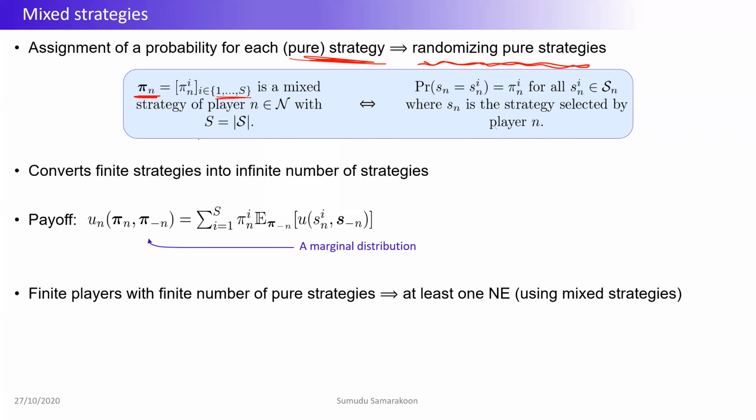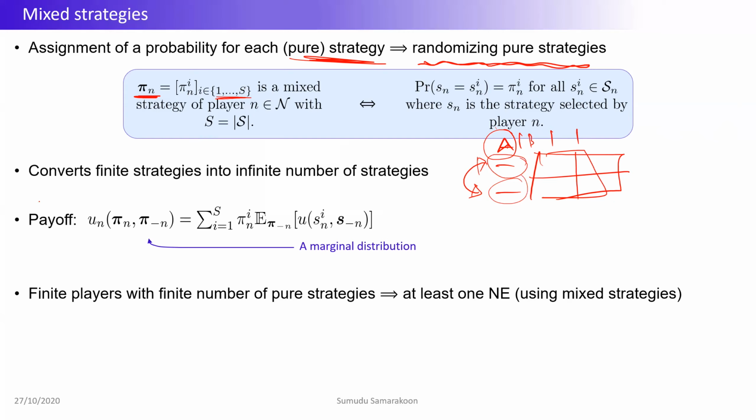With this choice of randomizing pure strategies, we can convert what was originally a finite number of strategies. If you consider the simple example of having this tabular form, we had A and B, and he had two different actions. When player A is allowed to randomize these two strategies based on the probabilities that the player assigns, he could create an infinite number of combinations out of these two strategies.